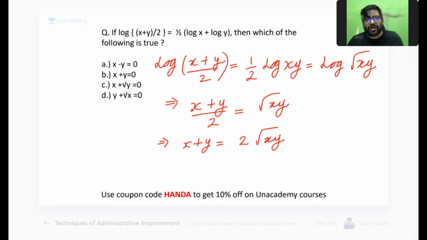Arithmetic mean is equal to the geometric mean. Okay, that's a very good idea. So if arithmetic mean is equal to geometric mean, when does that happen?